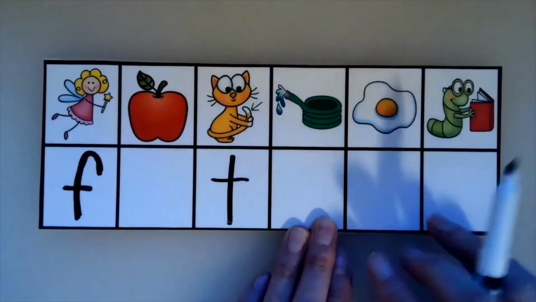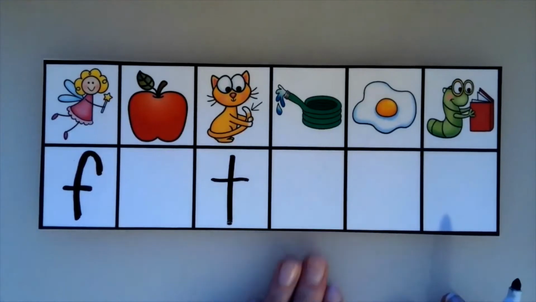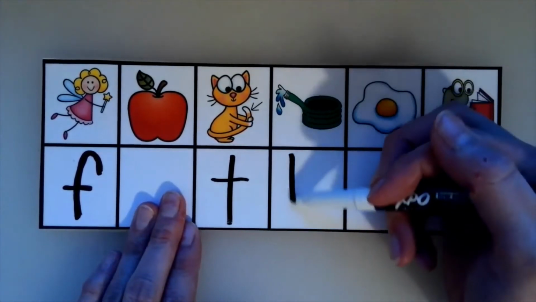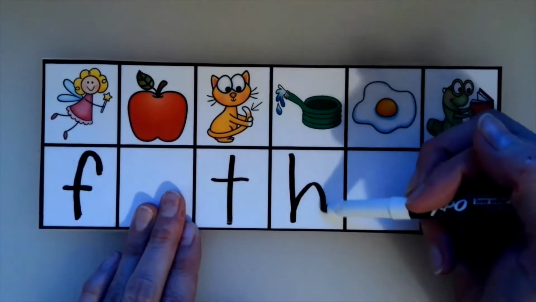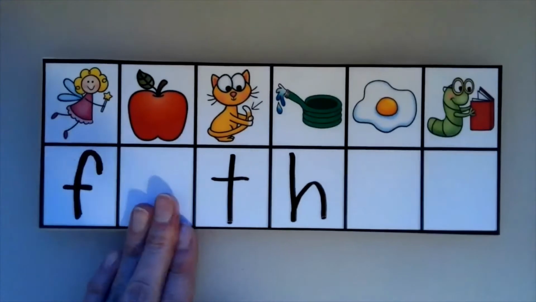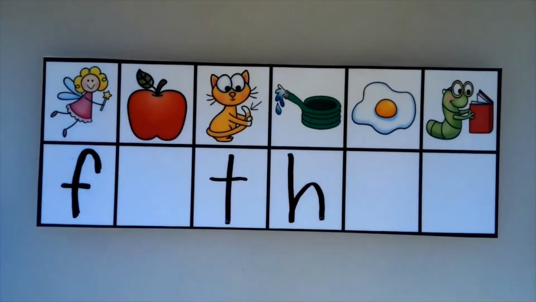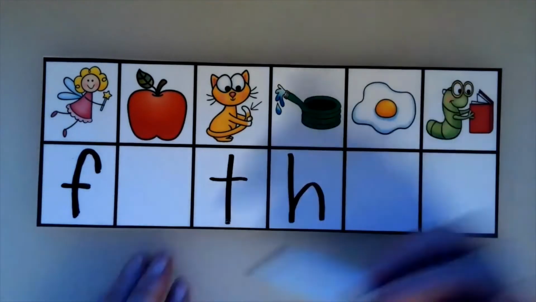Excuse me, I know that's water coming out of it. Maybe it is a hose. This word at the end, I'm not sure if it's a worm or a bookworm or if it's that he's reading. Let's look at the rest of the letters and figure that out.